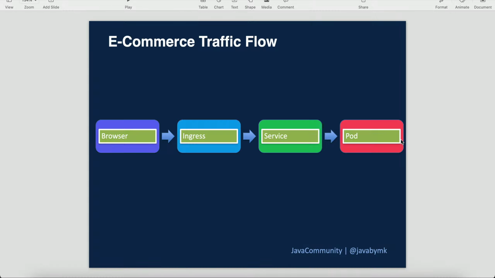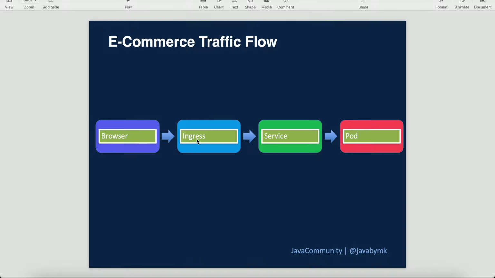Basically, how will the traffic flow happen in this e-commerce application? Before I start, I will give a high level understanding. From the browser, suppose someone wants to get customers. The request comes to ingress, from ingress it comes to service, and from service it goes to pod. I have already explained what ingress is and what service is in my previous video.